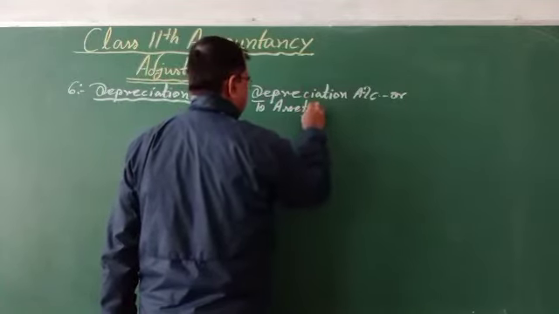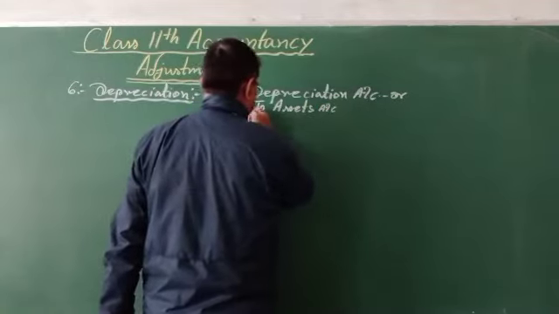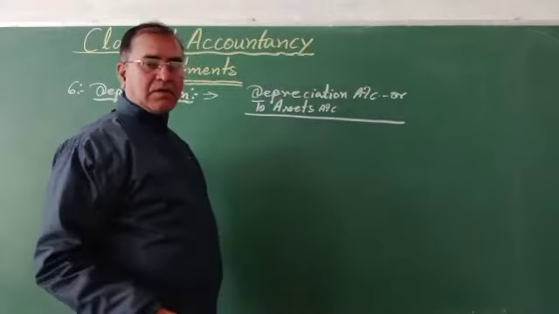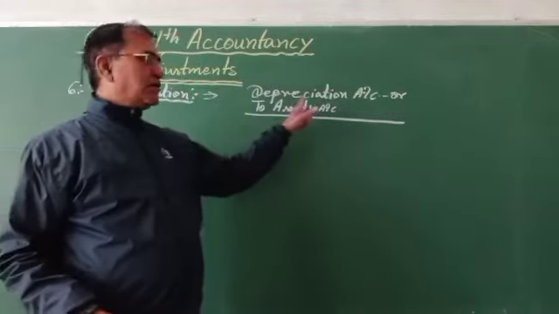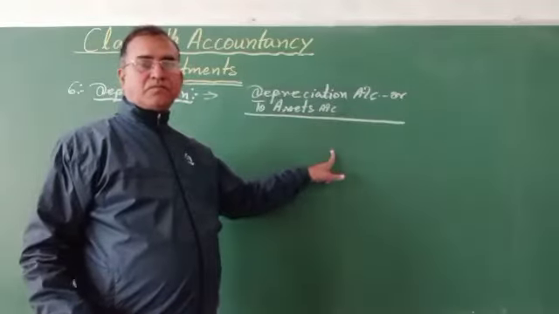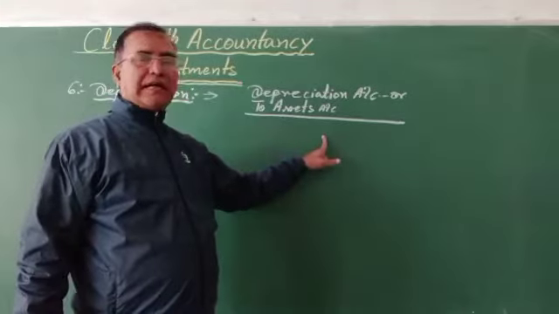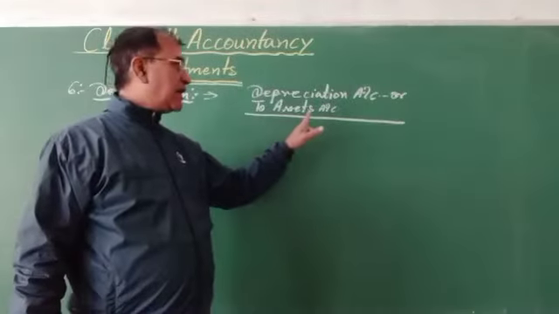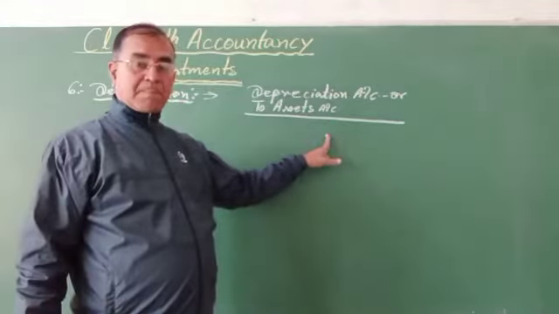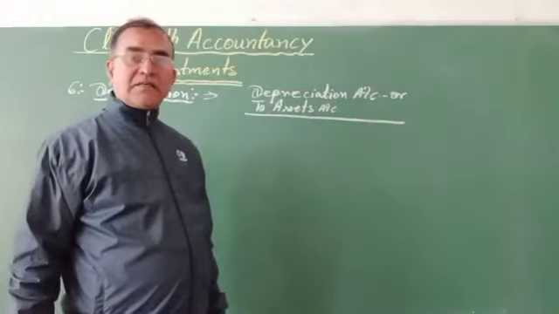Maybe any assets account. That will be the journal entry for the depreciation. This is the accounting treatment for passing the journal entry.